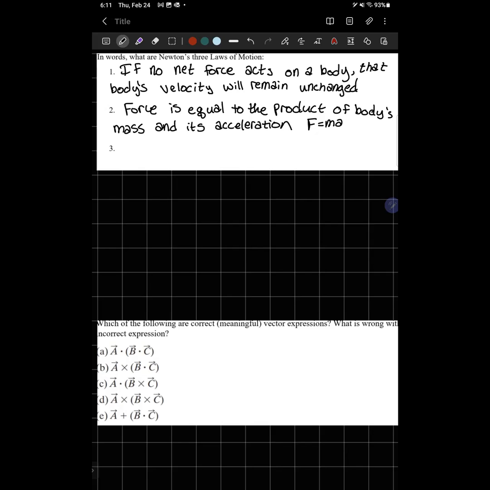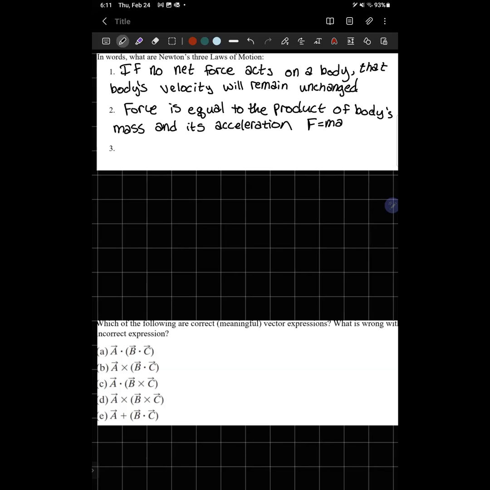The last one is whenever two bodies interact, the forces of the bodies on each other are always equal in magnitude and opposite in direction.